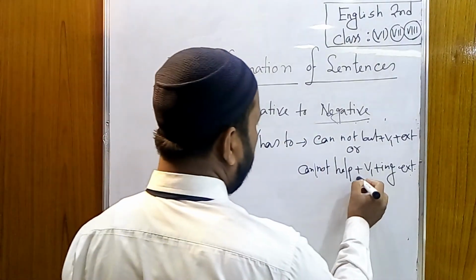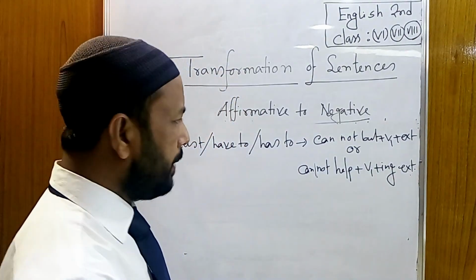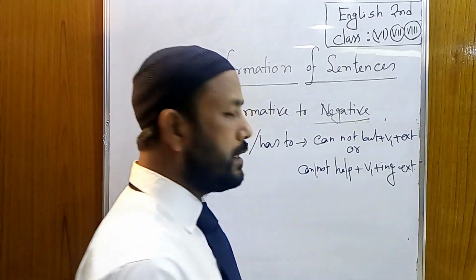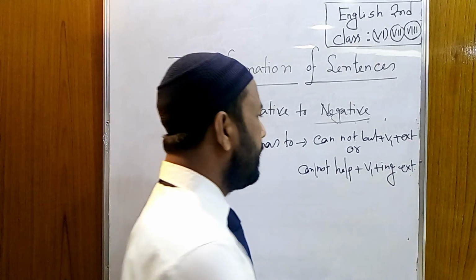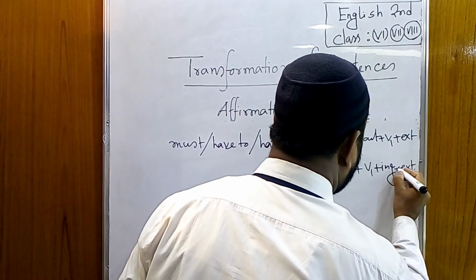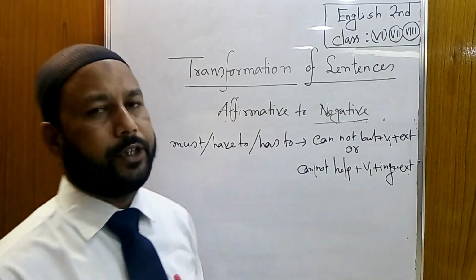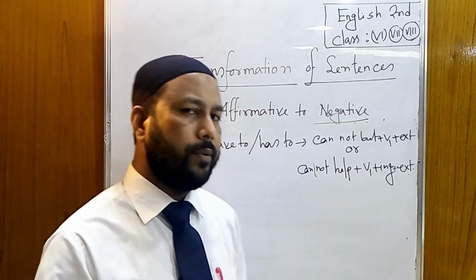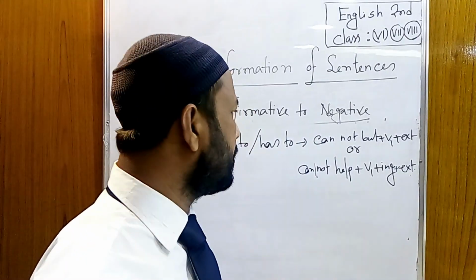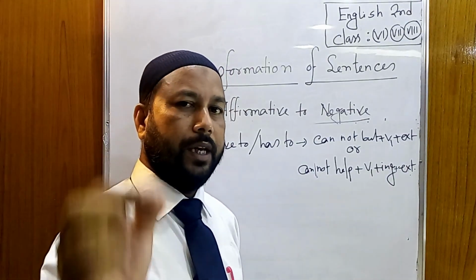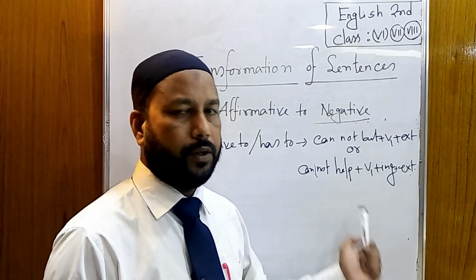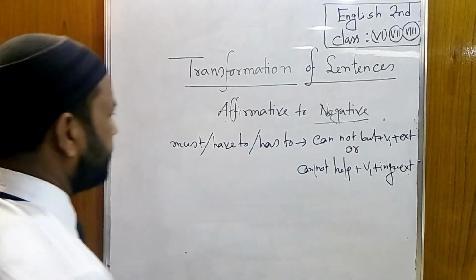Cannot help, then base form of verb and ing will be added with this verb and then extension. In this way, you can easily convert this sentence into negative. Just I will give you some examples. These examples, I hope, will help you to understand this rule clearly.